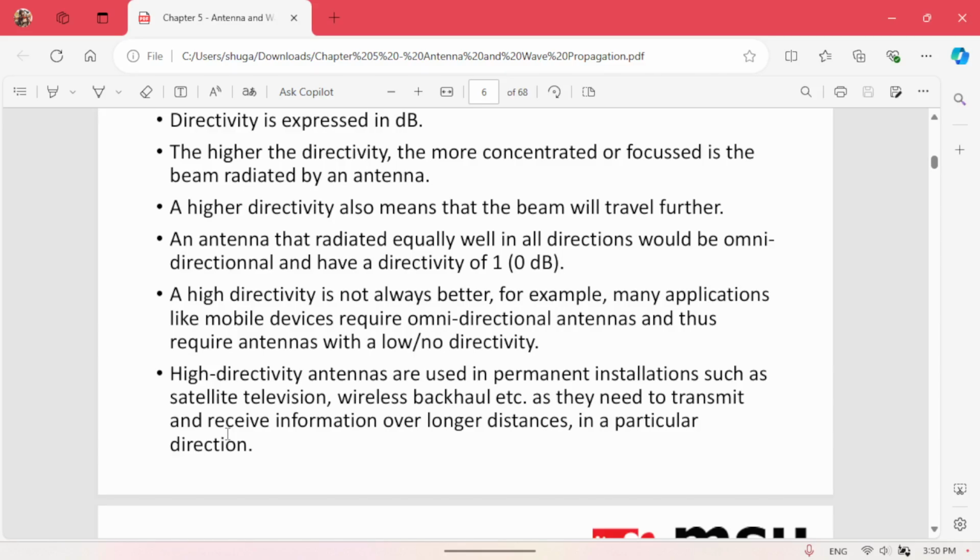That's why, in any of the antennas, the most common one is the Astro antenna, where it is more focused and uses high directivity so that it will capture signals from a specific direction from the satellite. So that is high directivity antennas.